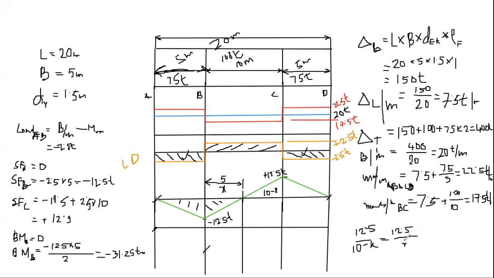So what we get? 12.5, 12.5 cancelled out. So 10 minus x is equal to x. So 10 is equal to 2x, x is equal to 5. So it is midship, because both sides are equal.